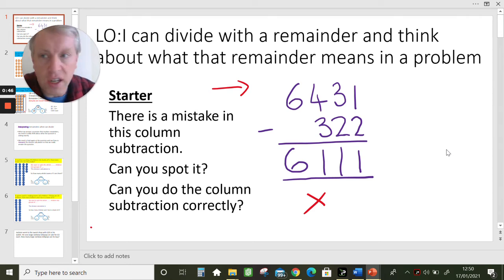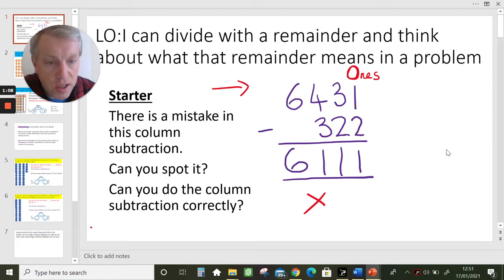Well, let's start. Always we're going to start with the column on the right hand side. Now here it's the ones. 1 take away 2. 1 take away 2 is not 1.